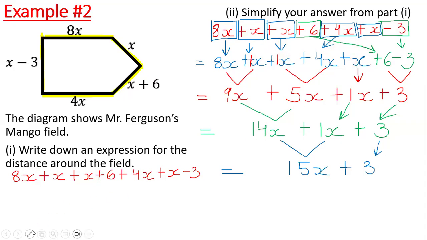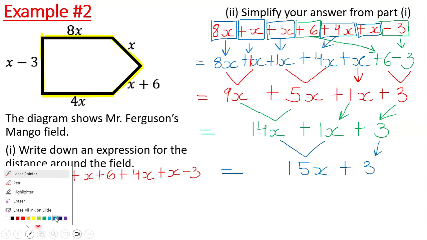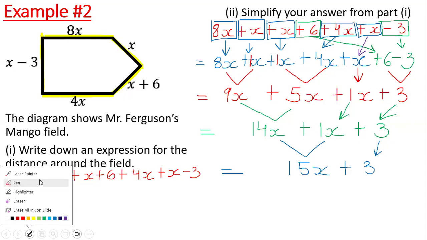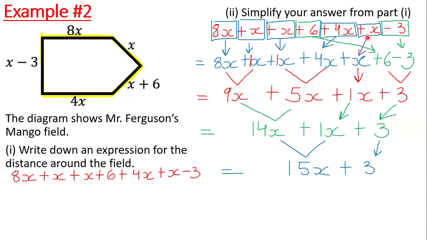So please make sure that you bring down all of your x's. We bring all of our x's together, and then we bring all of the numbers together. So we have 6, and then we have -3.